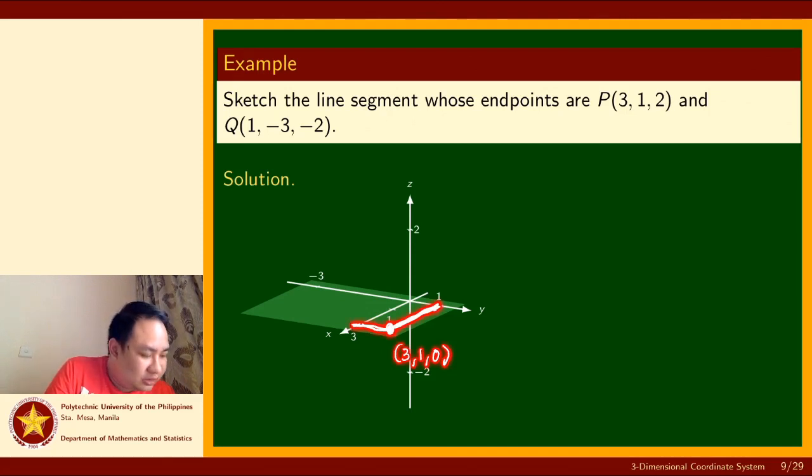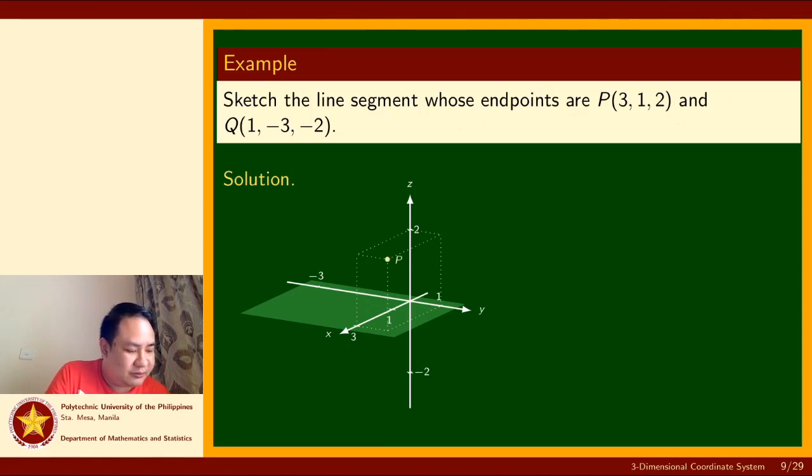Next, because the z-coordinate is 2, we create a copy of this rectangle 2 units above the xy plane. Then we draw the vertical pillars connecting corresponding points. The vertex opposite the origin in this rectangular box is the point P.